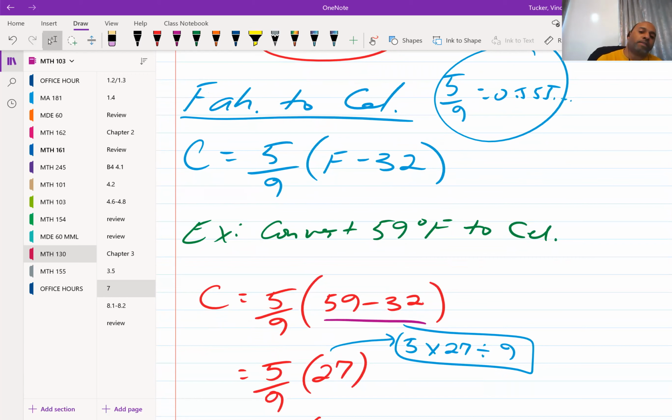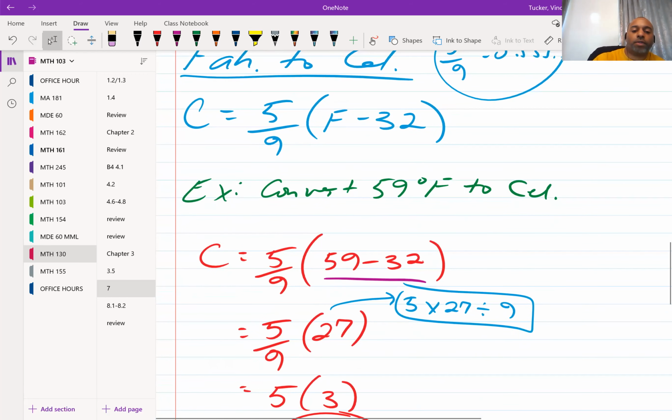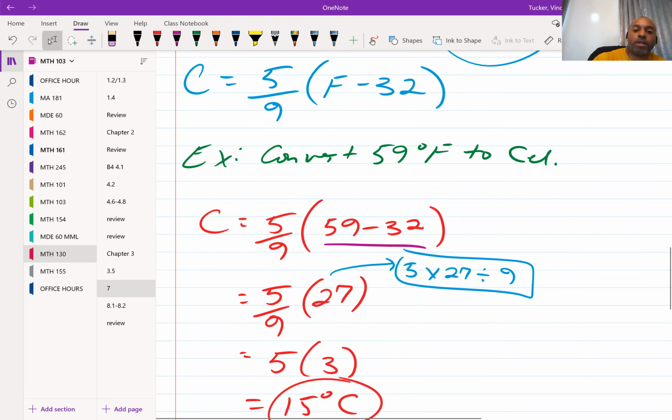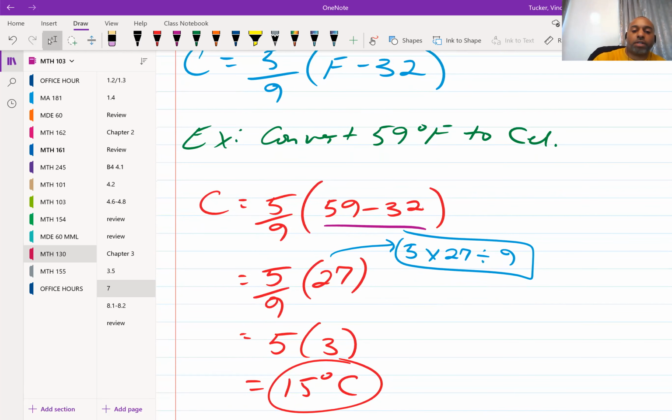Now we have 5/9 times 27. Throw that in the calculator, or you can divide 9 into 27 like I was talking about before. The 9 divides into 27 evenly, which gives me 3. Then 5 times 3 is 15.